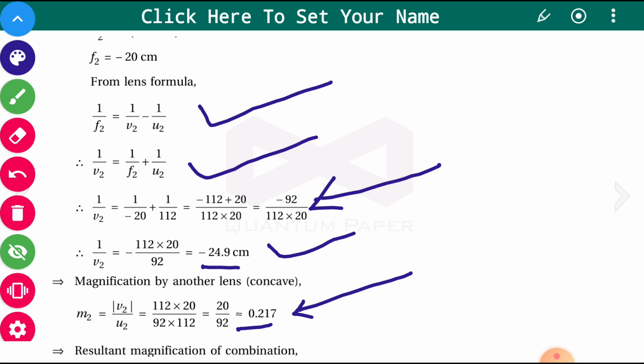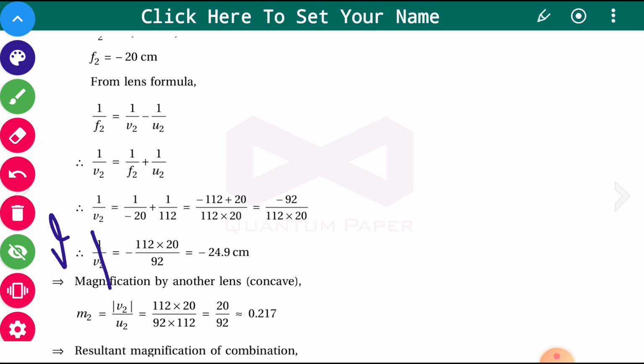So this calculation is easy as such. 1 upon v2 is obtained in this calculation, and just the inverse of it will give you the answer of v2. Here it should be v2. v2 is 24.9 and those values are substituted, so you will get m2.